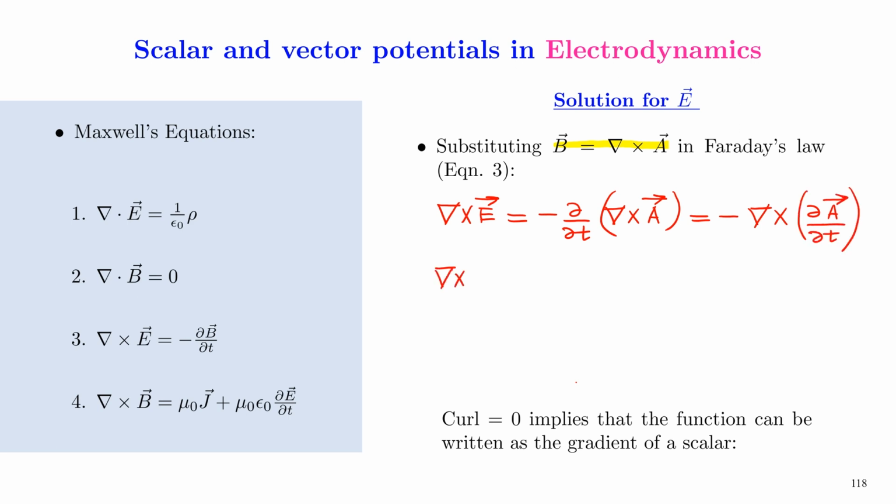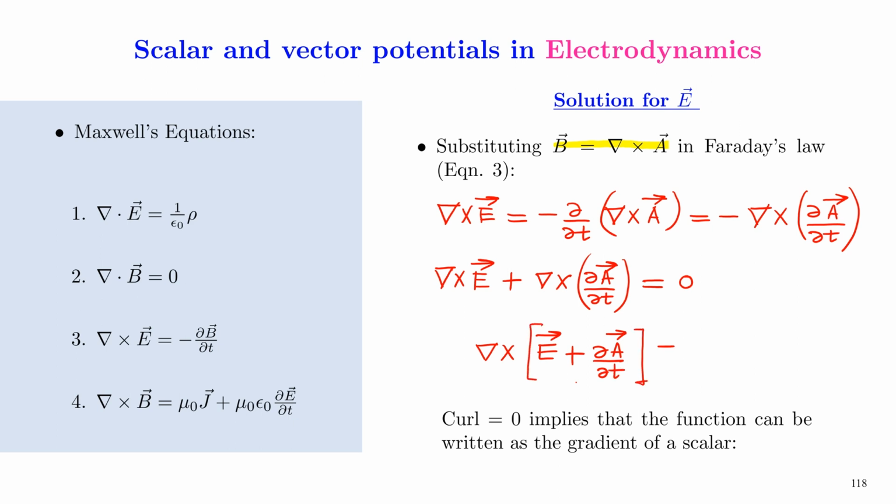That is, del cross E plus del cross dou A over dou t is equal to 0. Or we can write del cross of E plus dou A over dou t is equal to 0.